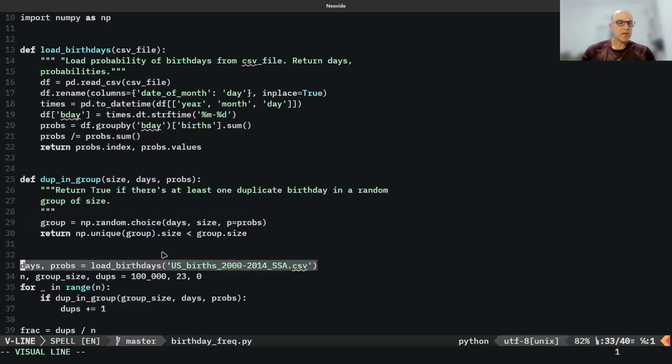Okay, so I'm loading the birthdays from the CSV file. I'm doing again 100,000 simulations this time. The group size is 23 and duplicate is 0.